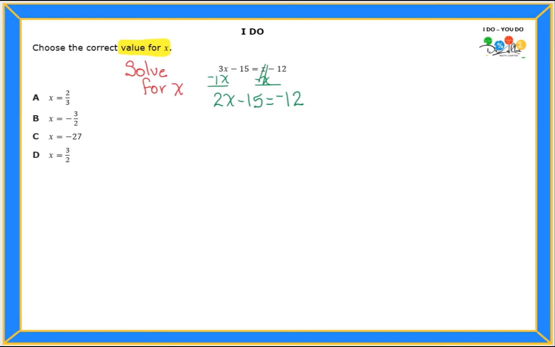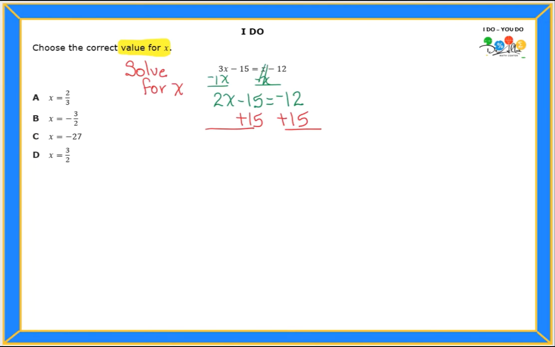So now I need to get rid of everything else that is around the x. Okay, so my first thing that I'm going to do is I need to get rid of the minus 15. And the opposite of a minus 15, or the opposite of subtracting 15, is actually adding 15 on both sides.